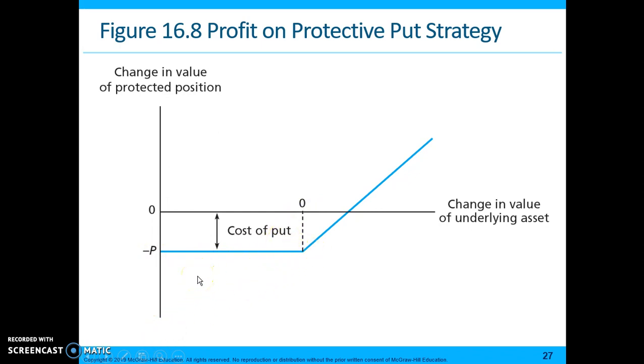This can be difficult to achieve with portfolios because it could involve trading a very large number of stocks. However, if you had an index portfolio, you can buy options on indexes and you could execute this strategy.